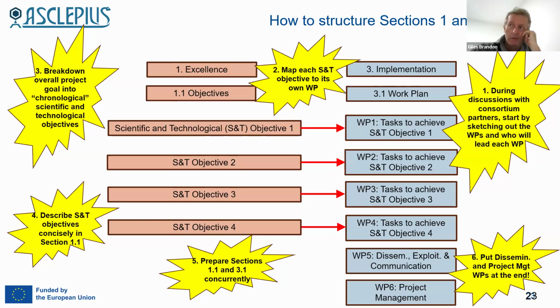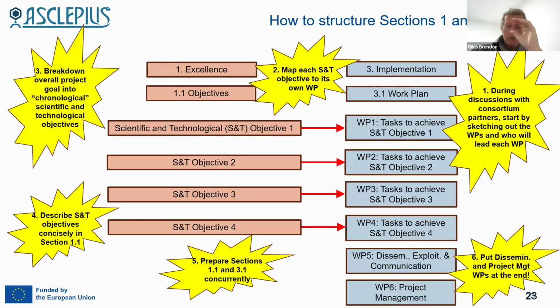Now, what I like to do and what I stress to partners in consortia is, for every scientific and technological objective that you identify, make sure that it maps to its own work package, and do it in such a way that scientific and technological objective 1 maps to work package 1. Similarly, objective 2 maps to work package 2, and so on and so forth.